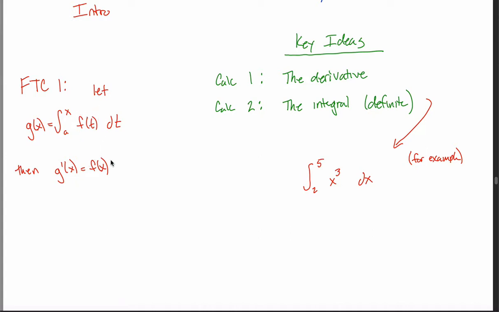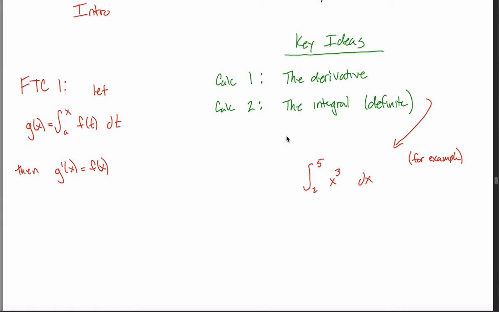F of t stays as f of t, except now for some strange reason it's f of x. So if I take the derivative of this thing that involves this definite integral, the derivative and the integral part cancel out, and I'm left with just this function that I began with. That's the formal way of connecting together the derivative and the definite integral, which is called the fundamental theorem of calculus.